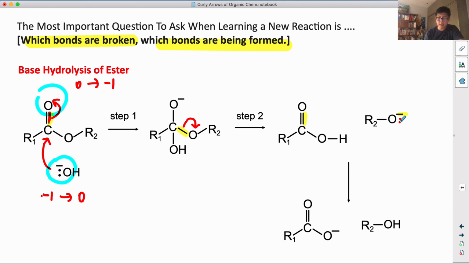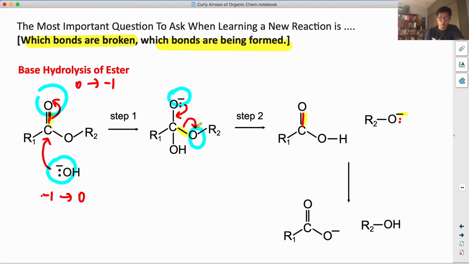For the next one, the bond that's being formed over here is actually the lone pair becoming a bond pair. Lone pair becoming a bond pair. And like I mentioned again, the formal charges only change at the initial tail and the final hit.